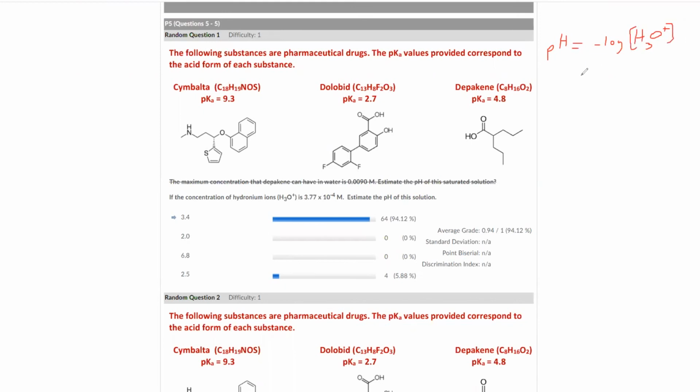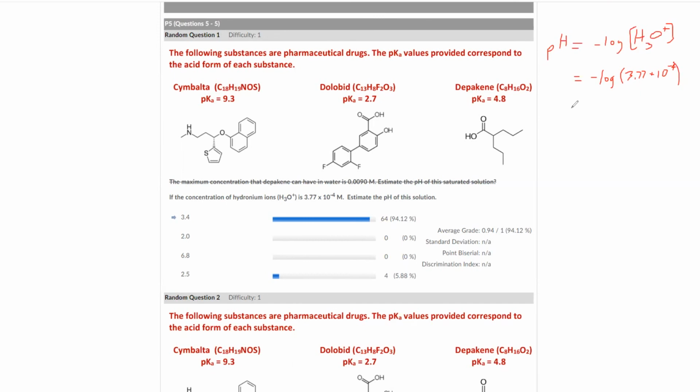Okay, and therefore this should be equal to minus log 3.77 times 10 to the power of minus 4, right?